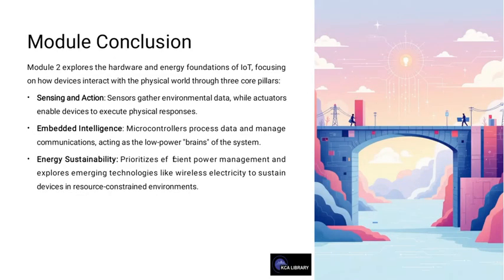In conclusion, the module has dealt with the hardware and energy foundations of Internet of Things, and it has focused on how devices interact with the physical world through three core pillars. The first is sensing and actions, the second is embedded intelligence, and the last one is energy sustainability.